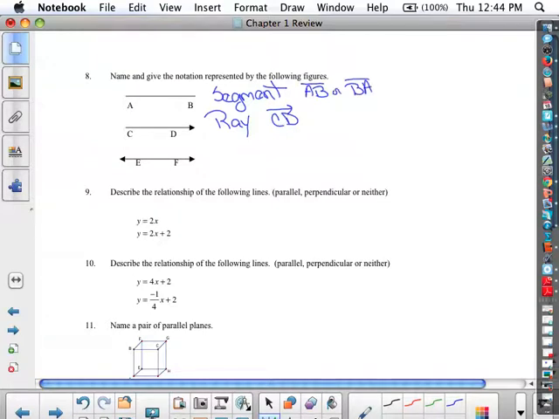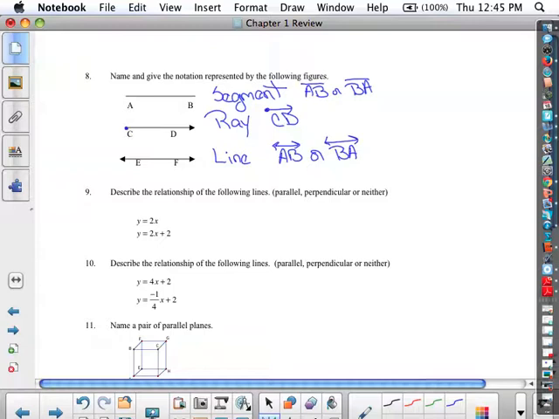So either of those are correct. With a ray, however, the end point is the initial point and must be represented with that letter. The last one is a line, and that is represented either AB with arrows on the end, meaning it continues in both directions, or BA, again, arrows on both ends.